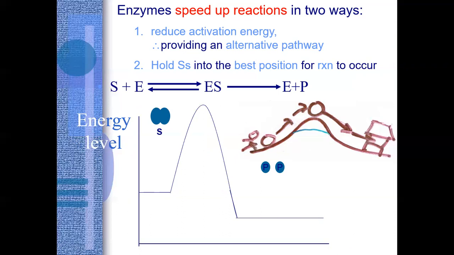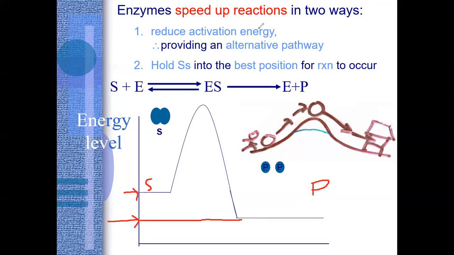So this is my substrate, and this is my energy level of substrate at the beginning of the reaction. And this is my product, and this is the energy level of my product at the end of the reaction.